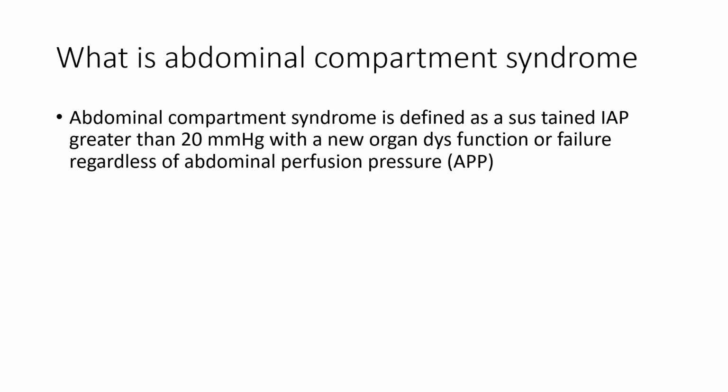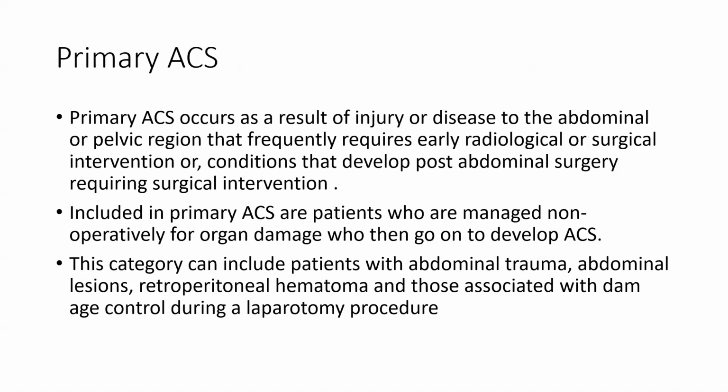So now next is what is abdominal compartment syndrome. Abdominal compartment syndrome is defined as sustained intra-abdominal pressure greater than 20 mmHg with new organ dysfunction or failure, regardless of abdominal perfusion pressure. Now, primary abdominal compartment syndrome occurs as a result of injury or disease to the abdominal or pelvic region that frequently requires early radiological or surgical intervention, or conditions that develop post abdominal surgery requiring surgical intervention.